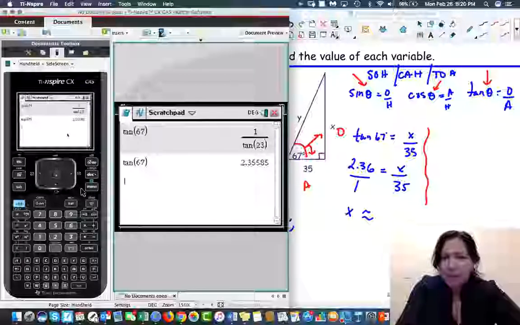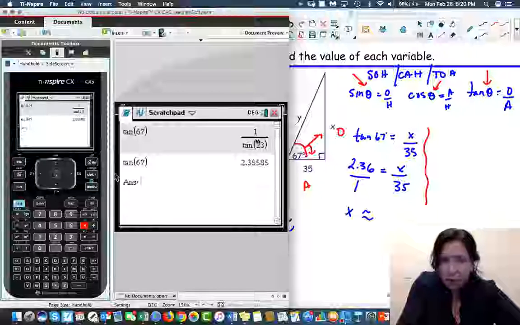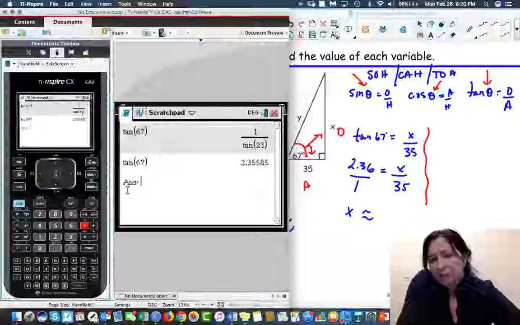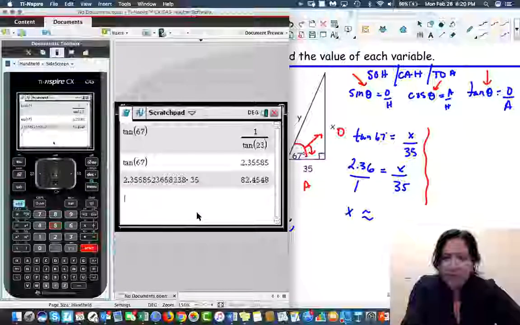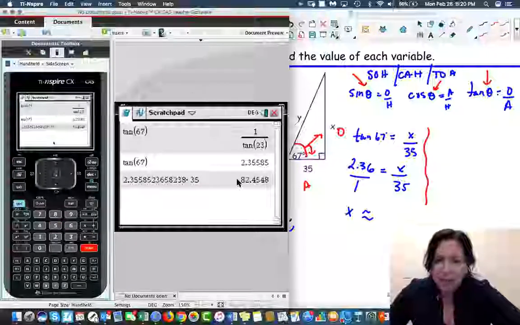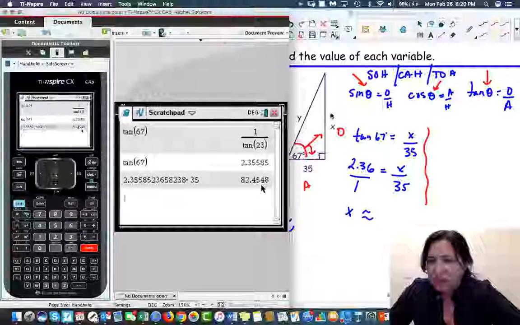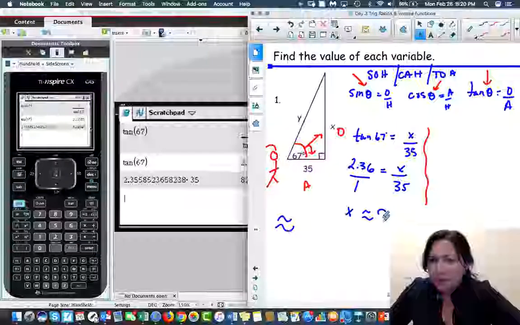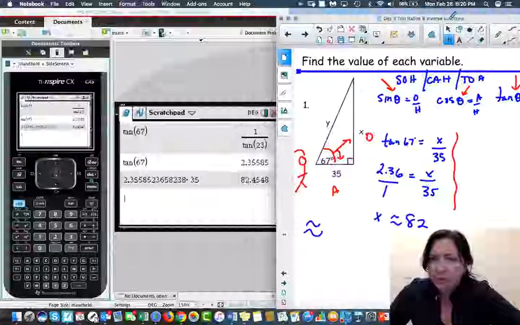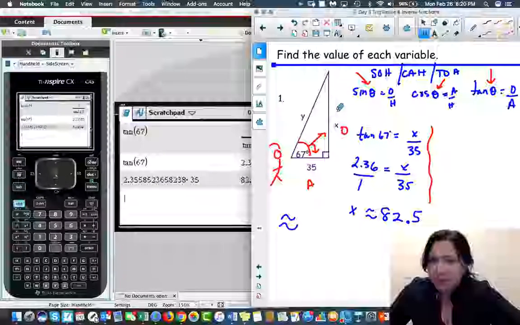I'm going back to my calculator and I'm going to take that answer and push times, and it'll automatically save my answer down here. 35, and then I press enter, and that gives me approximately 82.45. Because this is the length of a side, I'm going to round to the nearest tenth. So that's going to be 82.5, and that's the value of x.